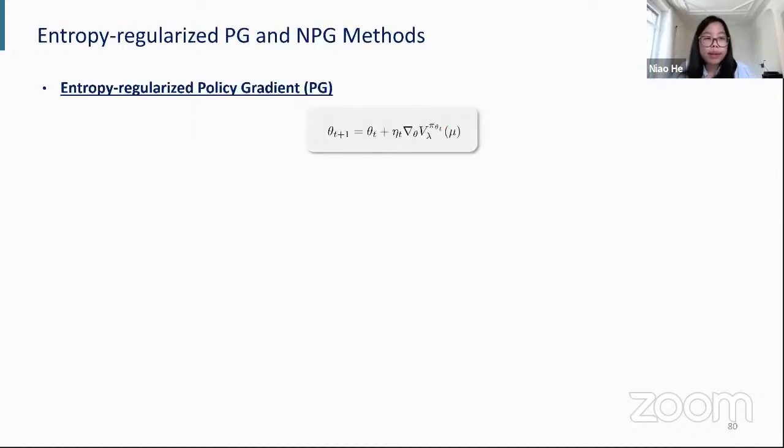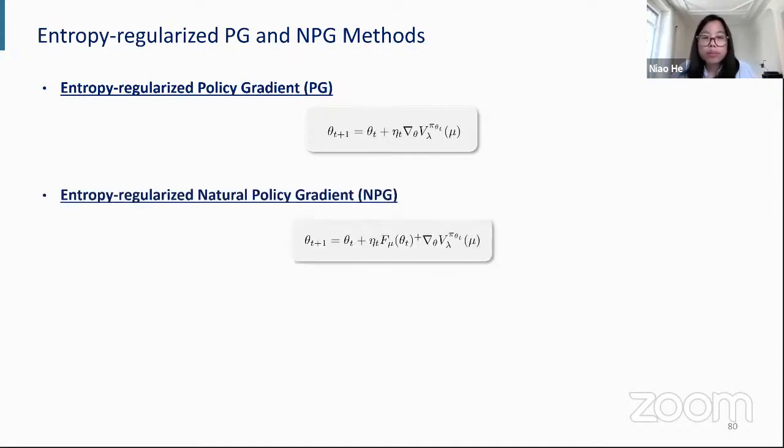For entropy regularized problems, you can directly use the policy gradient methods, but instead of the original gradient, you take the gradient on the regularized objective. There is also the family of natural policy gradient methods, where you use this Fisher information matrix to do preconditioning of your gradient. Or you can view this as applying natural gradient descent to this regularized problem.